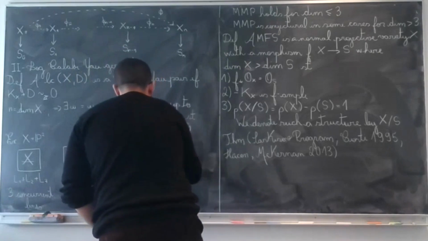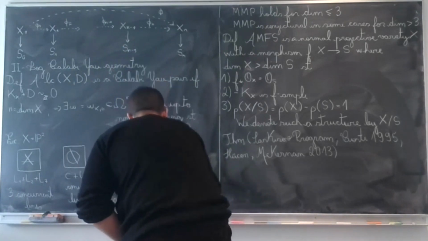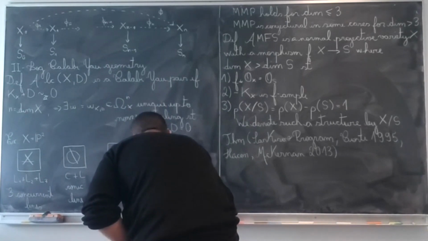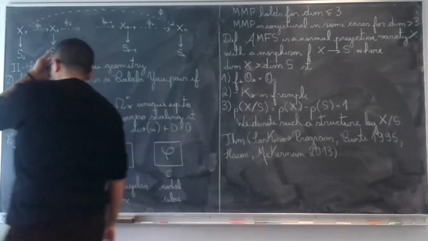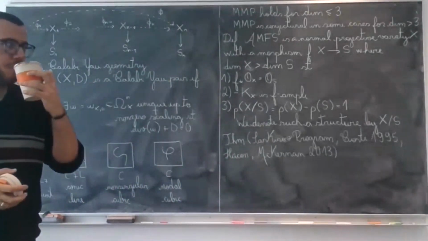And also, D can be a nodal cubic. And these are the possible Calabi-Yau pair structures that we can put on our ambient variety P2.